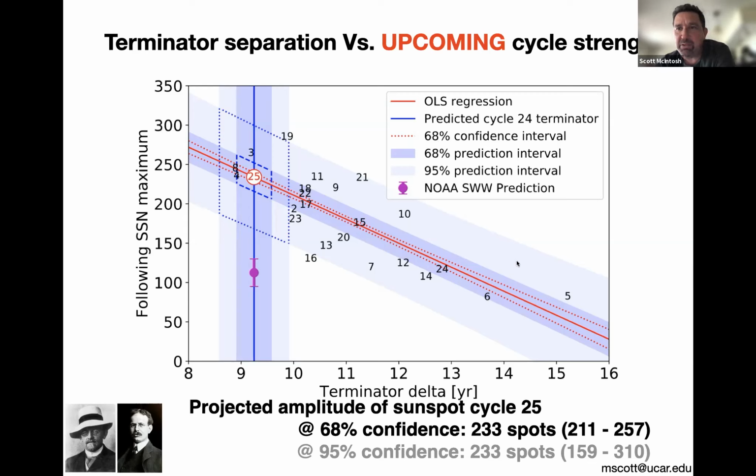Cycle 25 looked like it was going to be huge because we were getting false readings from the Hilbert transform. But basically, this same approach would absolutely have nailed cycle 24's amplitude, and actually been not too bad with cycle 23, which is in there also. So we would have been in the ballpark for the other two predictions that we talked about earlier. In fact, we would have nailed 24.